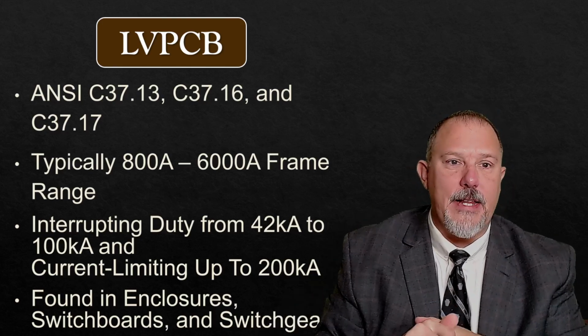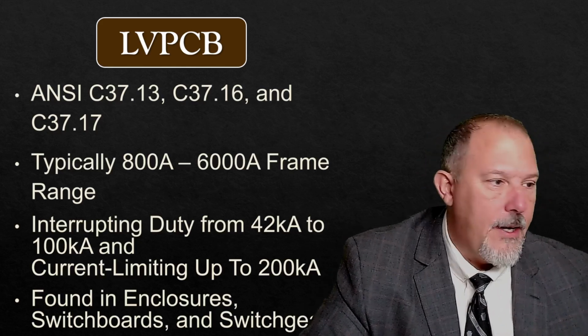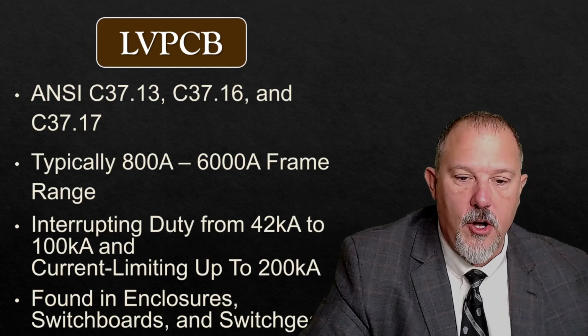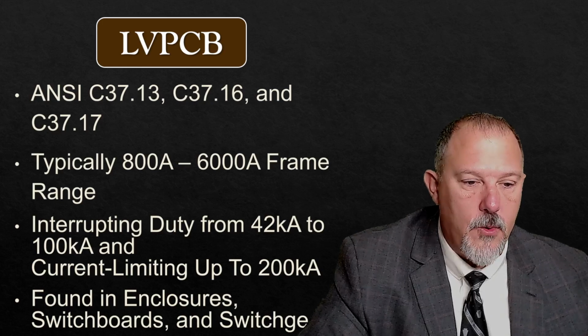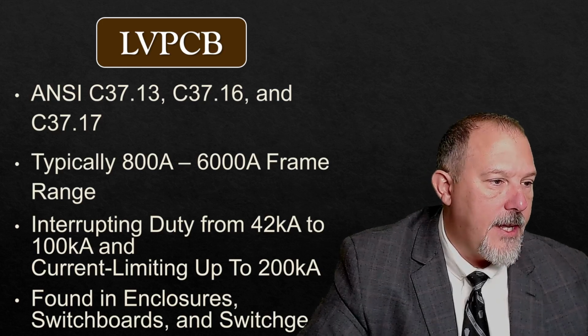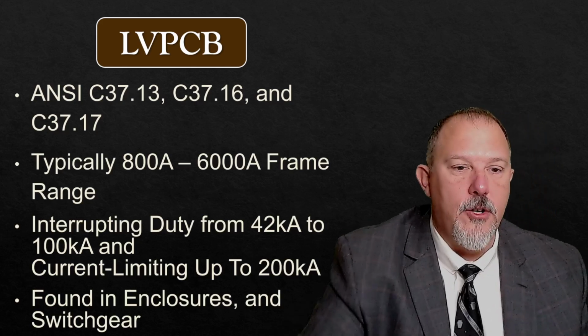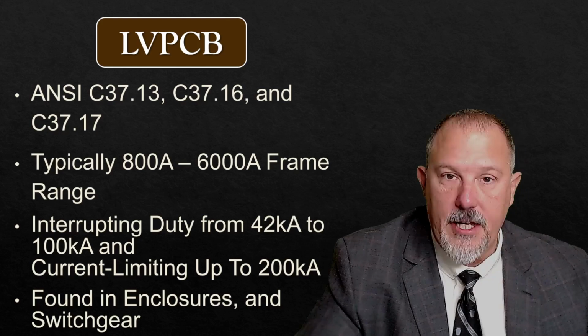You're going to find these in switchgear. You're not going to find them in switchboards. These are going to be switchgear type components, found in an enclosure in a switchgear type of application.